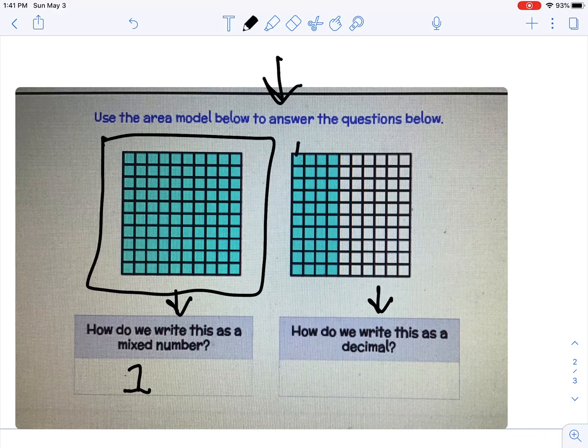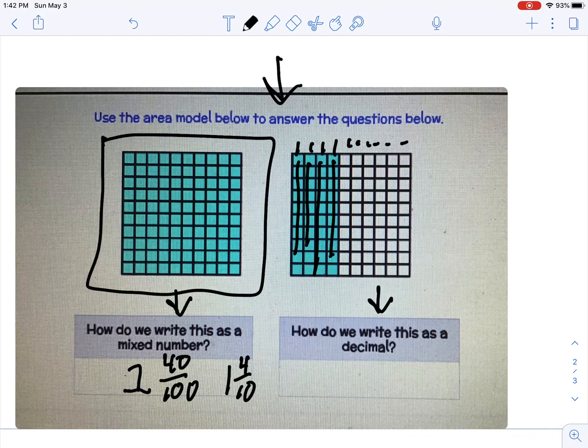In this case, you have two options. You have 10, 20, 30, 40 that are shaded in out of 100. So that's a possible answer. Or if you noticed that there are 1, 2, 3, 4 whole columns shaded in out of 10 columns, this answer could also be written 1 and 4 tenths. So either one is correct.